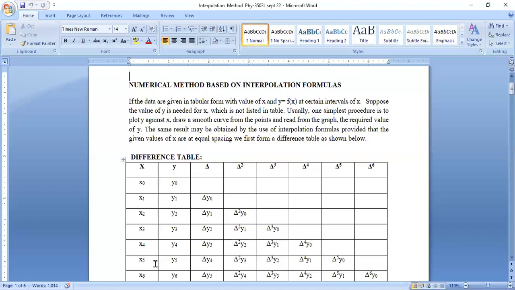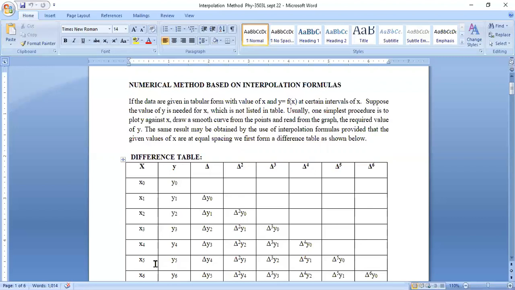First of all, I will give the definition of interpolation. Friends, you know that the values of x and y are given, where y is a function of x.